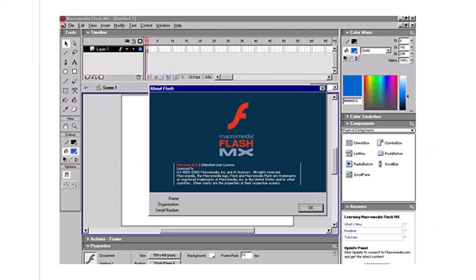By 2016, I was ready to retire. Not that I didn't love the stage. I had caught wind that Macromedia Flash wasn't going to be around in the future. And by 2017, Macromedia Flash came to an end.